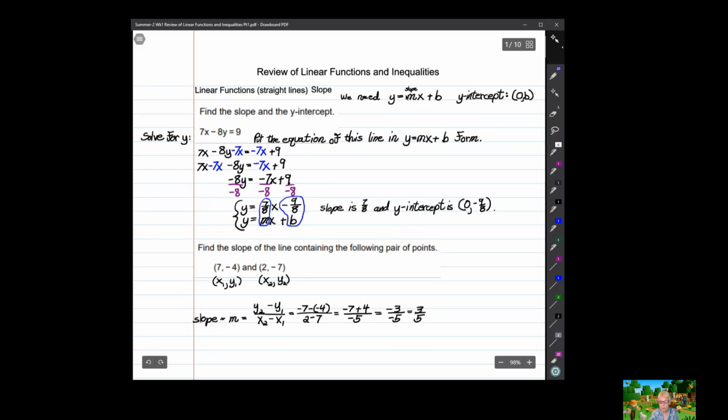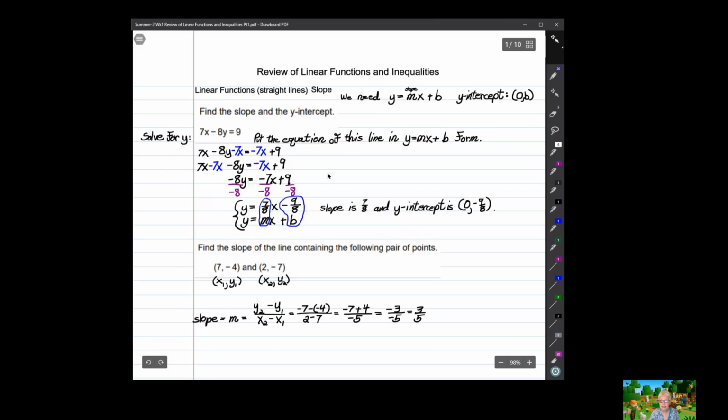And notice here in y equals mx plus b, the x term is always in front. So I changed the minus 7x to negative 7x. They're really the same thing. And so I have, after I say 7x minus 7x is 0, negative 8y equals negative 7x plus 9.